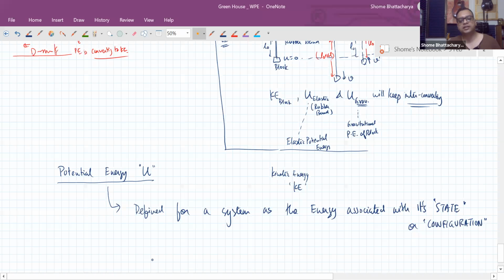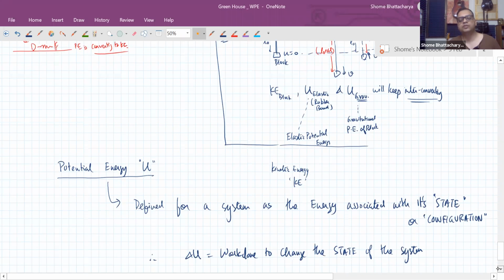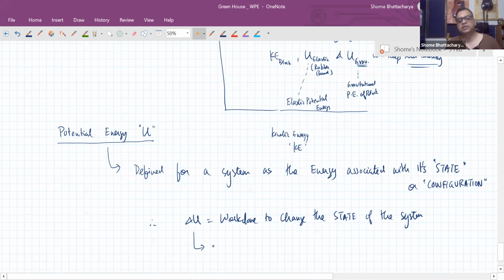From that we understand that delta U is equal to the work done to change the state of the system. Anytime we are changing the state of a system, we have to do some work to change it, and that is stored in the system as the change in potential energy. Change in potential energy equals the work done to change the state of the system.